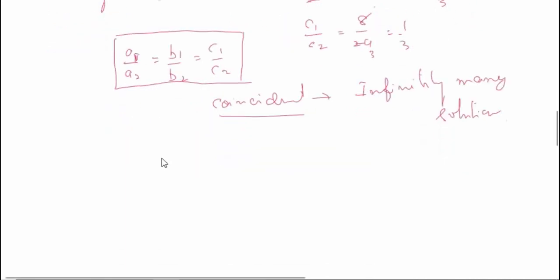Third example: x plus 2y minus 7 equal to 0, 5x plus 10y plus 2 equal to 0.